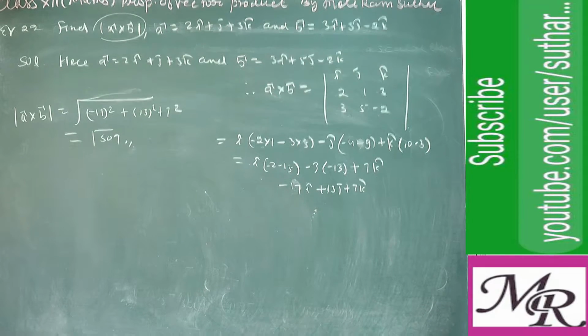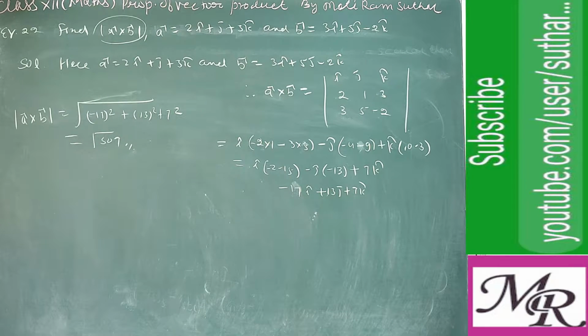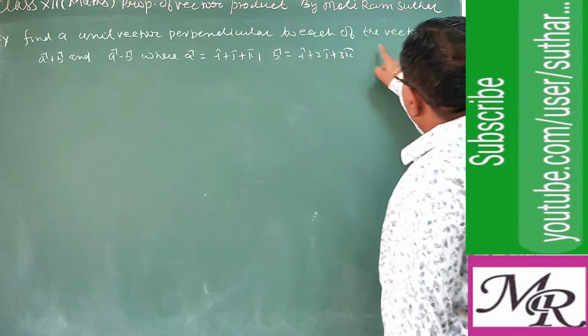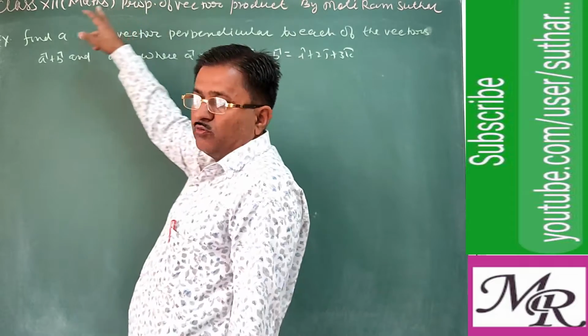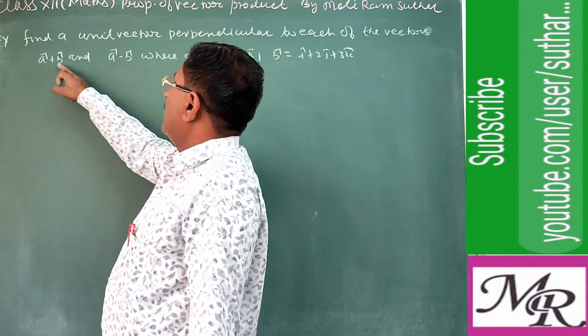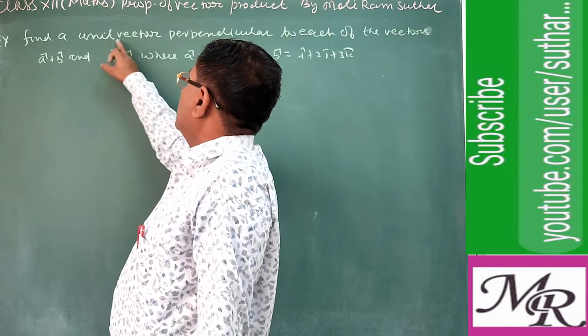So next example we say: find a unit vector which is perpendicular to each of the vectors. You have to find a vector which is perpendicular to the sum of the given vectors and the difference of the given vectors.